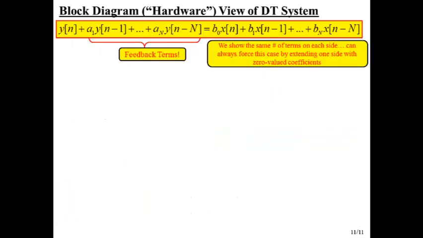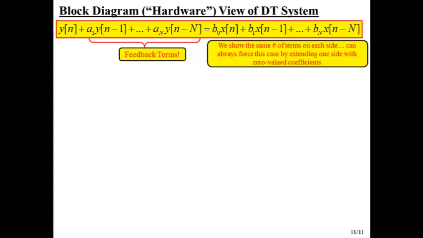Now, one way of thinking about these discrete time systems that's very helpful when you're trying to implement things in FPGAs and things like that, is to think about a block diagram. So I say in quotes hardware view, but it really is pretty close to visualizing this as a hardware implementation.